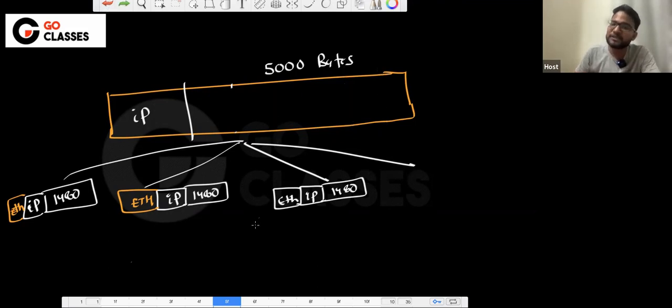Now tell me, where is the TCP header among all the fragments? This is the first one, this is the second one, this is the third one, this is the fourth one. Where is the TCP header? Only in the first one, right? Because TCP is just after the IP header, in the payload.